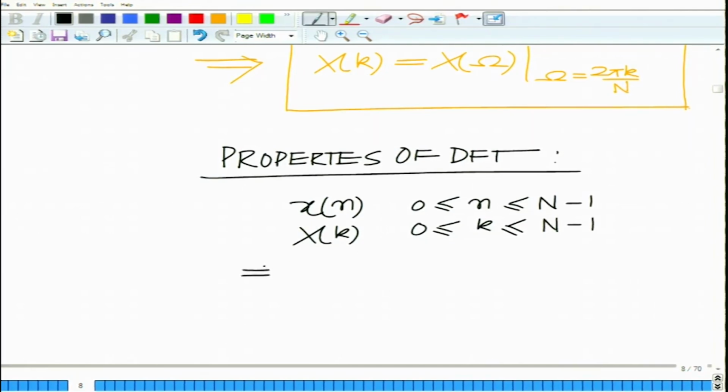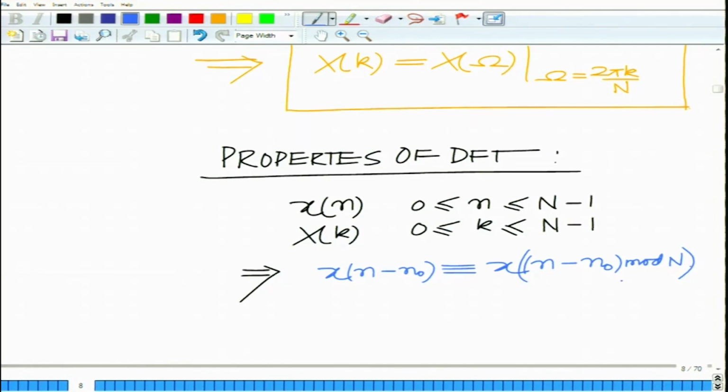Of course, when we consider x[n − n0], it might go outside the range of 0 to N−1. So all such things can be restricted modulo N. What we mean by x[n − n0] here is that n − n0 has to be interpreted modulo N, where N is the total number of samples.